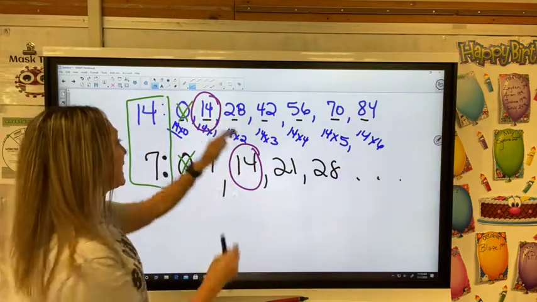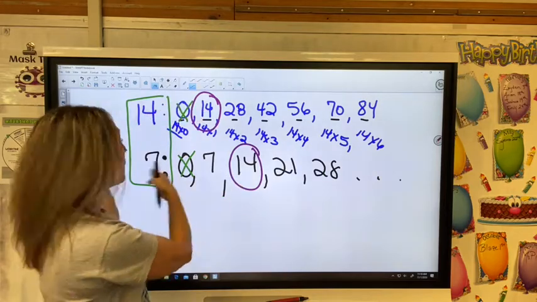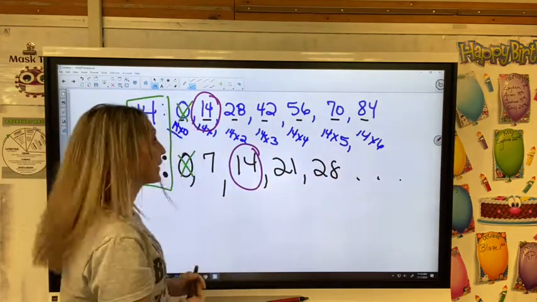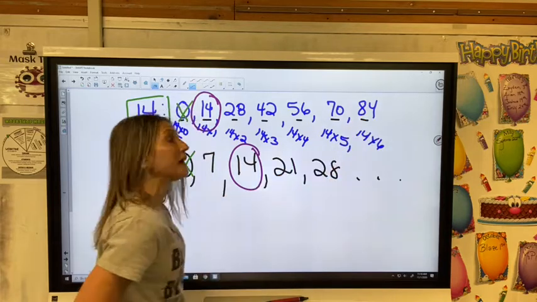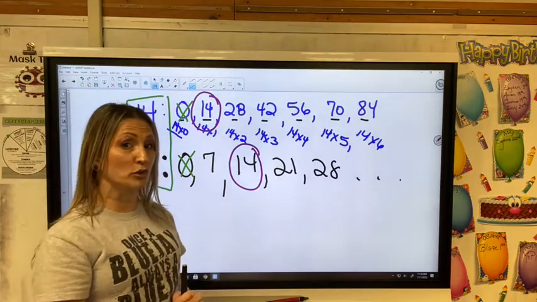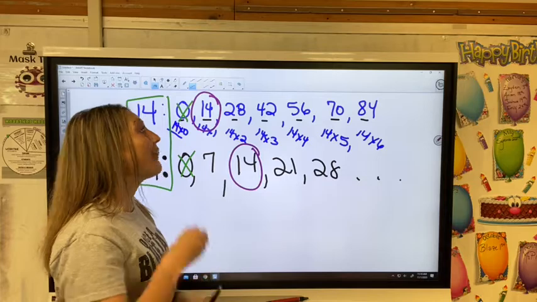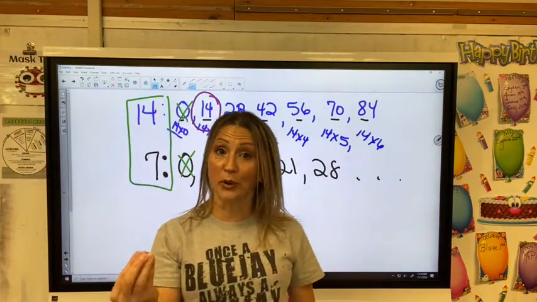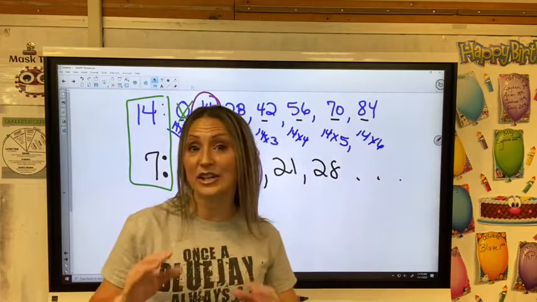I have located a small number that they both have alike when I'm thinking about their multiples. Now, they may have other multiples that will be alike when we go further down, but you always want to pick the smallest multiple that they have in common. In this case, it's 14. And that is what least common multiples are. They're the actual products of your multiplication facts.